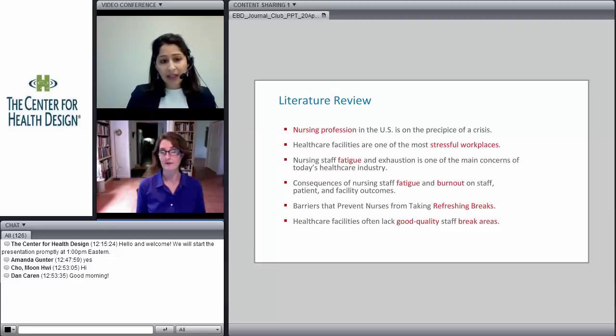We don't have a lot of studies on nursing staff within healthcare facilities, and the studies that have been done on nursing staff are more focused on the work areas, the patient care working area. And I really noticed the lack of knowledge and evidence on staff respite areas and break areas.